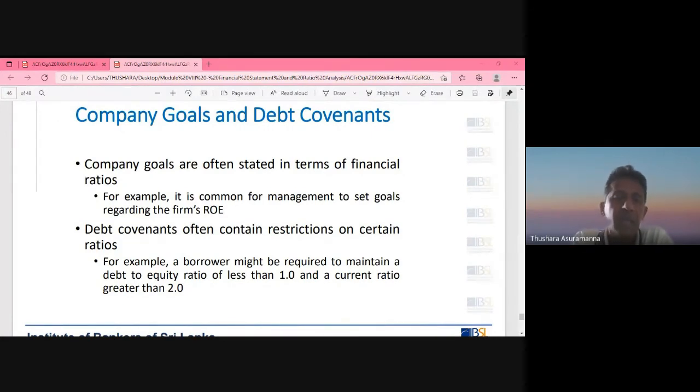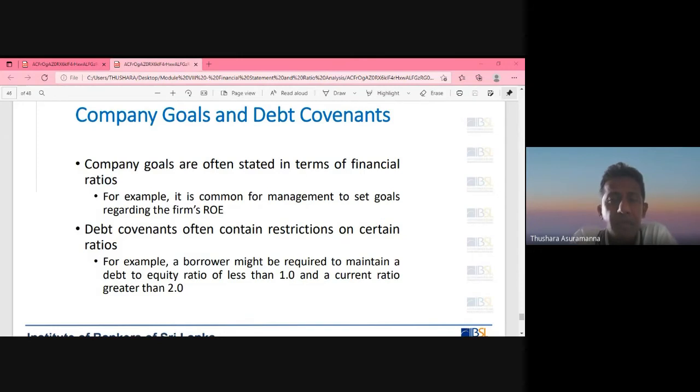You understand? So then the company goals, right? It could be very important. So we can use the ratios to assess the company goals and performance within the company and among employees. The last one, imposing debt covenants.